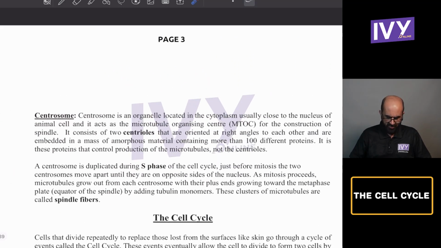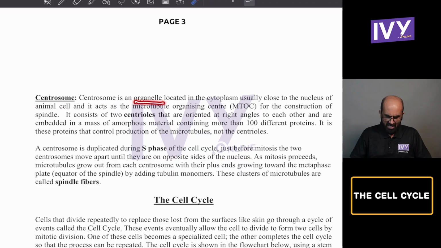What is a centrosome? A centrosome is an organelle located in the cytoplasm, usually close to the nucleus of the animal cell, and it acts as a microtubule organizing center, as I told you, and the microtubules originating from centrosomes are growing toward the kinetochore of each chromosome.